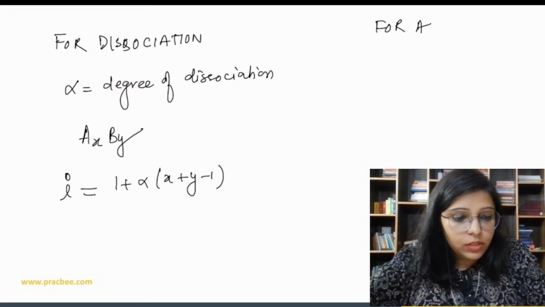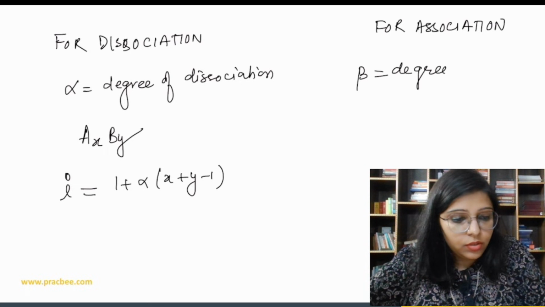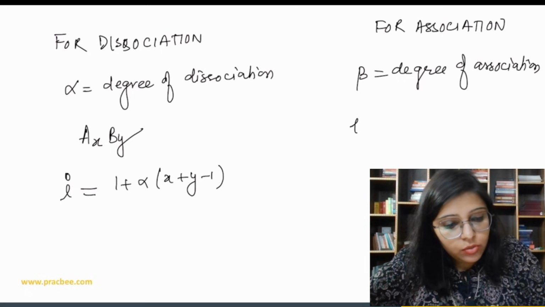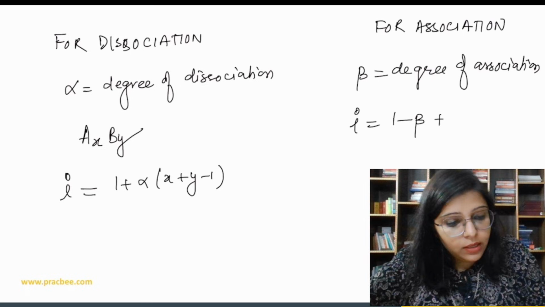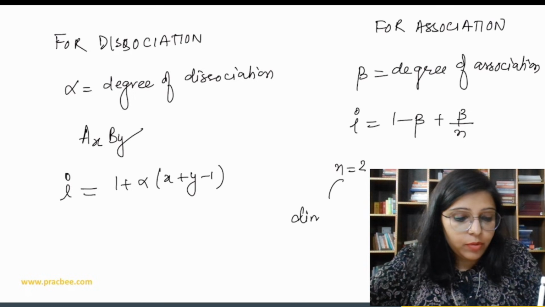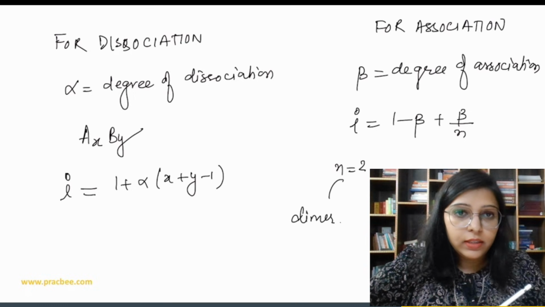Now for association, I am taking beta as the degree of association. So i is equal to 1 minus beta plus beta by n, where n is equal to 2 if we have dimer formation, right?